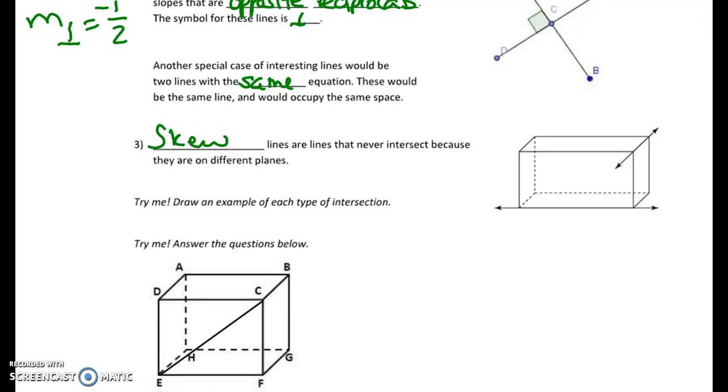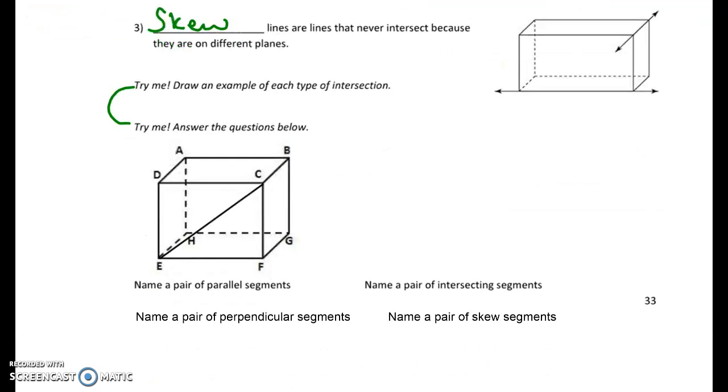So what I want you all to do now is pause the video and draw me examples of each of these kinds of interactions between two lines. So also take a look at this down here and look at this box. I'll give you an example. Let's say I want to write down a pair of intersecting segments that aren't perpendicular.